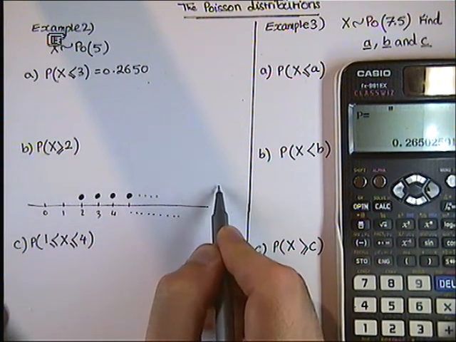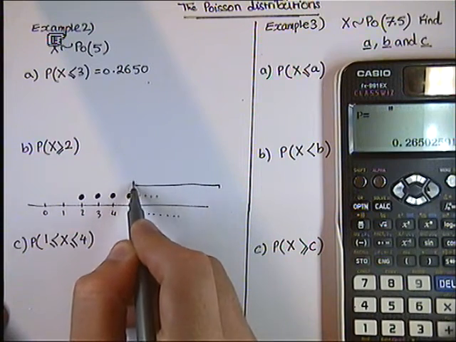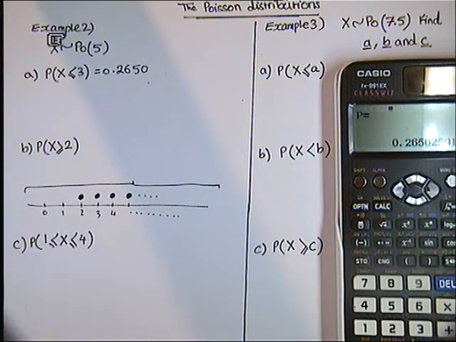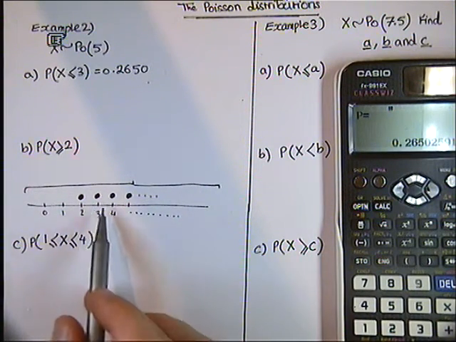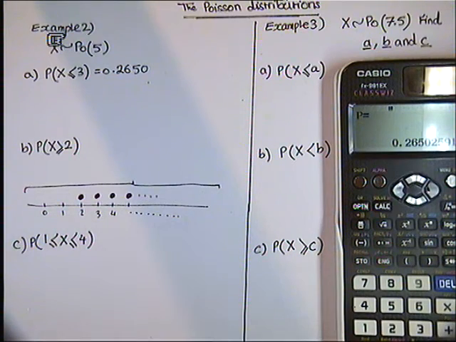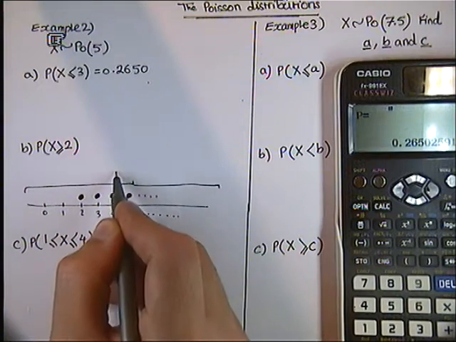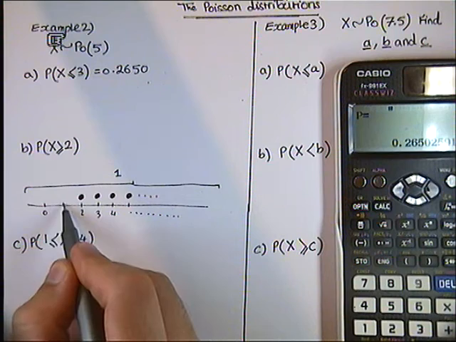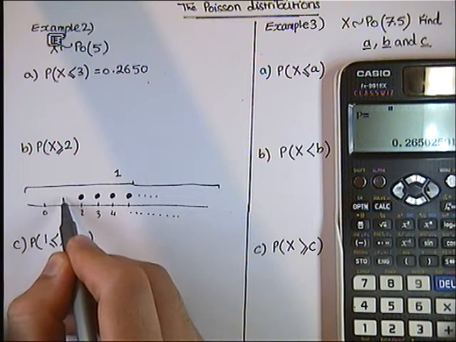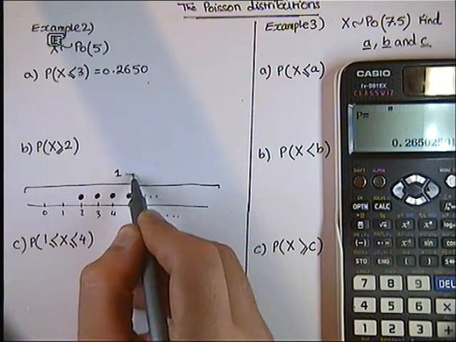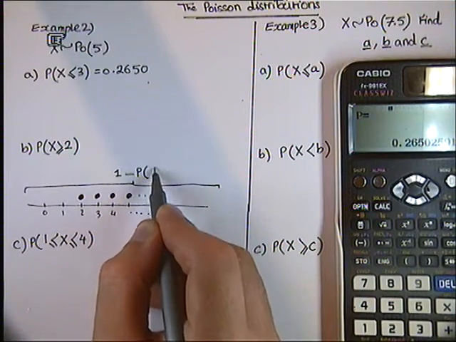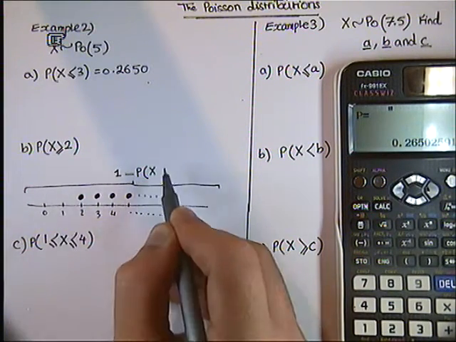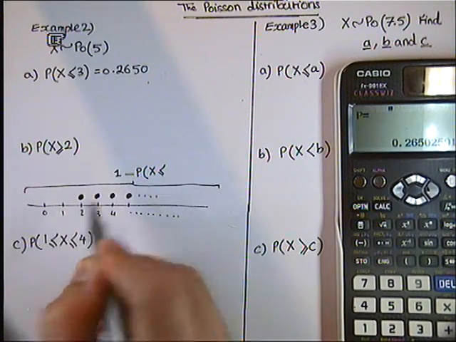But we know that the total probability is 1. It would obviously be really difficult to calculate all the values greater or equal to 2. But what we could do is take away the probability of X less than or equal to 1.